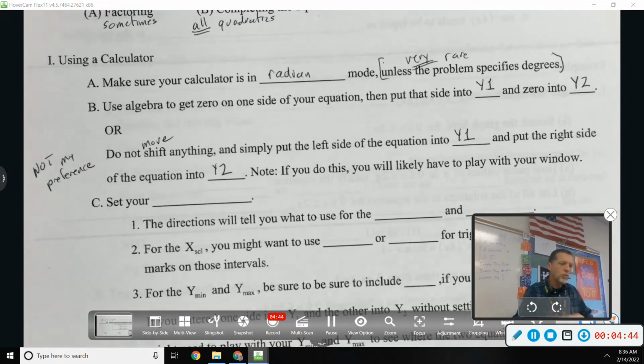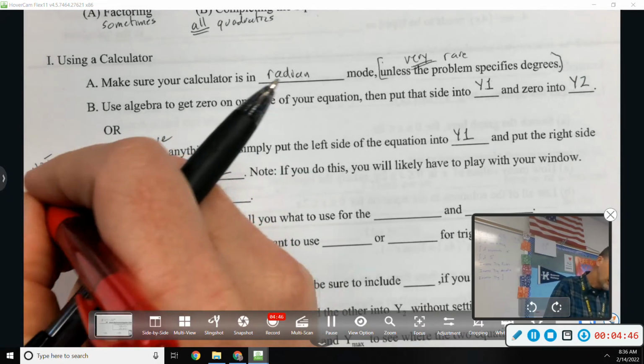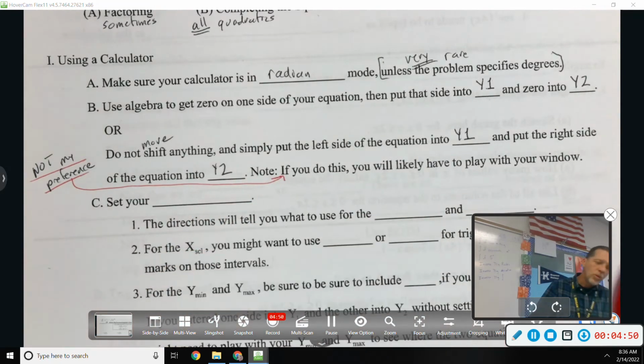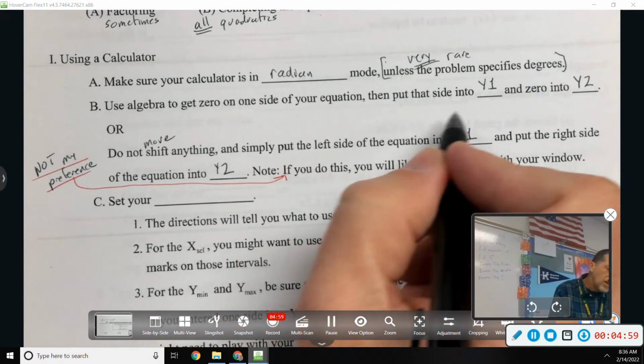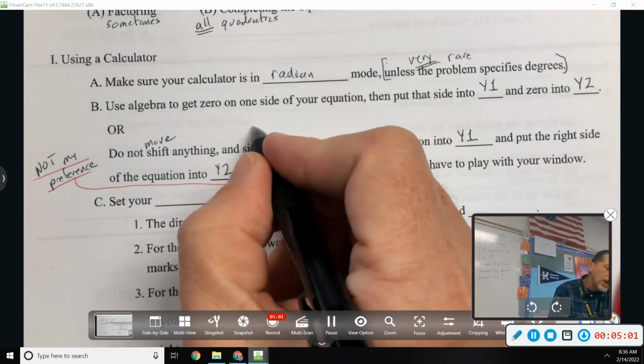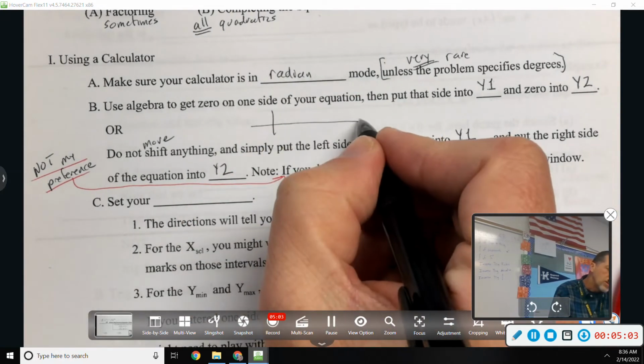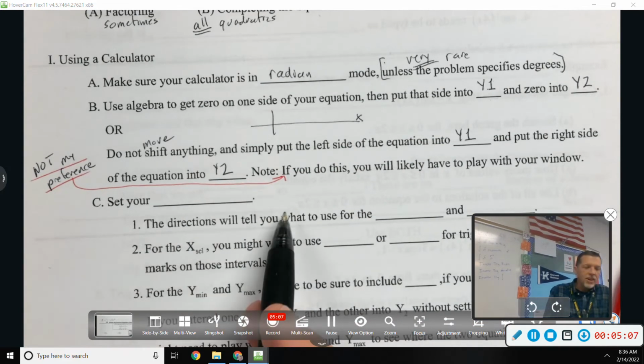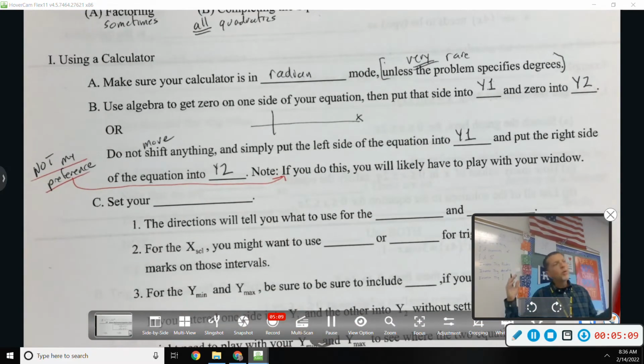And then here's why it's not my preference. Because if you do this, you will have to play with the window. The window meaning what you see, because if you put everything on one side, then all you care about is, well, where does it cross the x-axis? If you put one thing on one side and one thing on the other side, who knows where you have to look to see where they intersect. So it can be done that way. Not my preference.